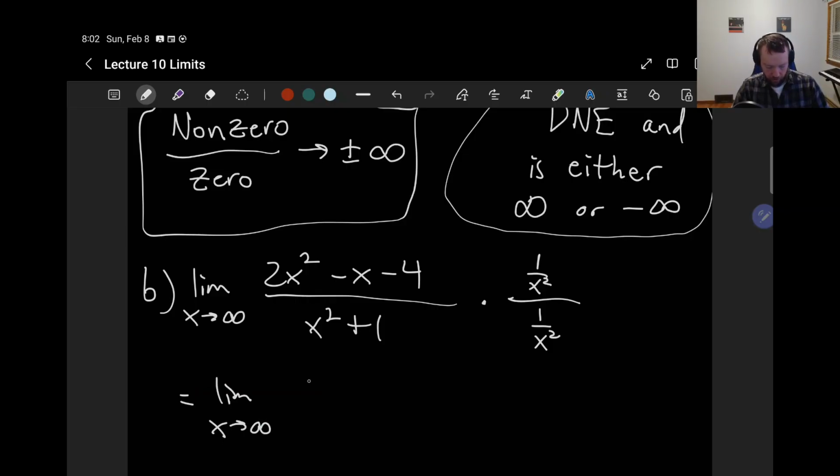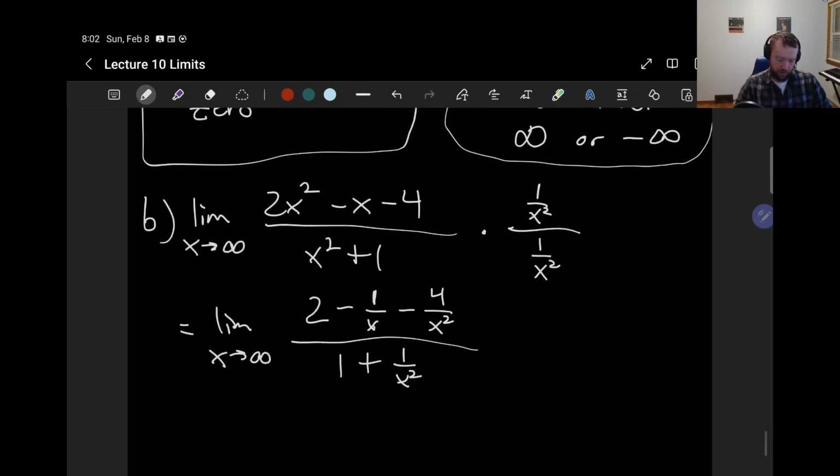Now I'm going to show a little less work this time. This will cancel to 2 minus 1 over x minus 4 over x squared, over 1 plus 1 over x squared. So now what happens when I plug in very large x?